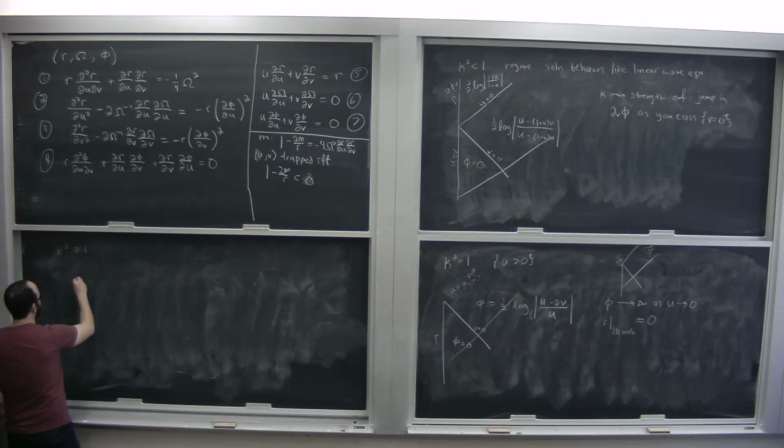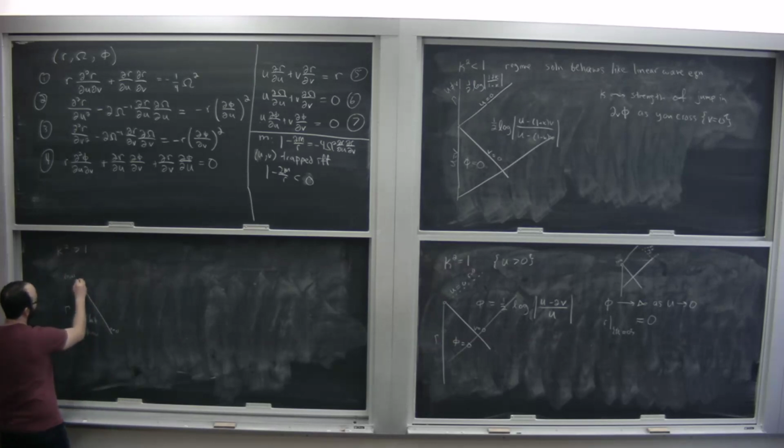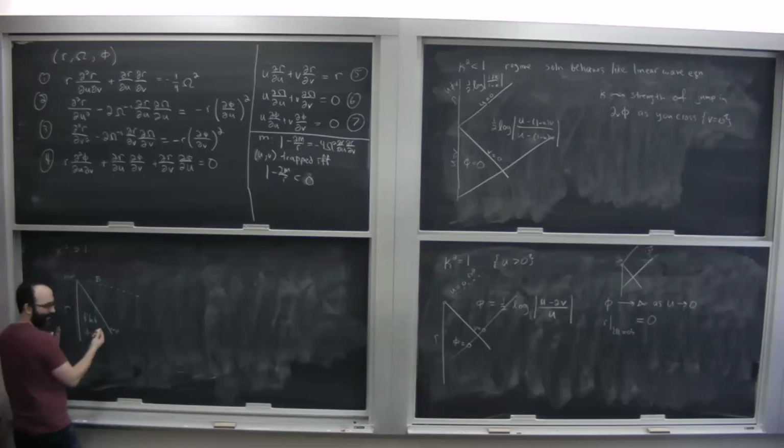So here's 0, 0. Here's your fixed point. You always exist. Remember, you're always flat here. Phi is always 0 here. But then what happens is that you have a singular boundary, which will be some space-like thing, maybe call it B for boundary.